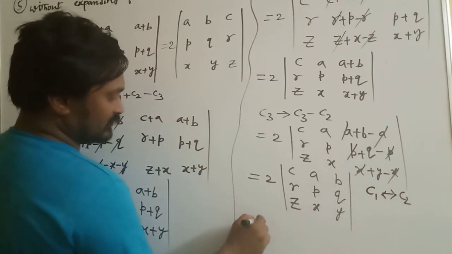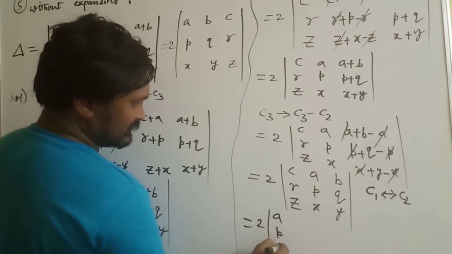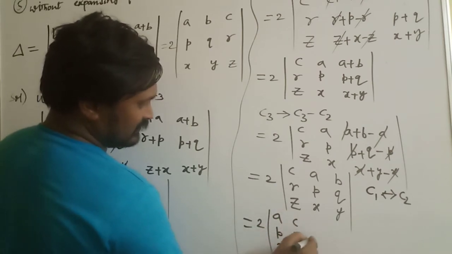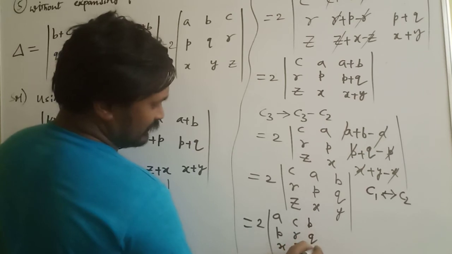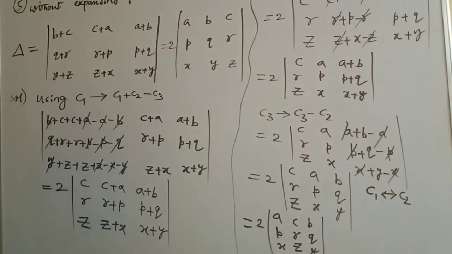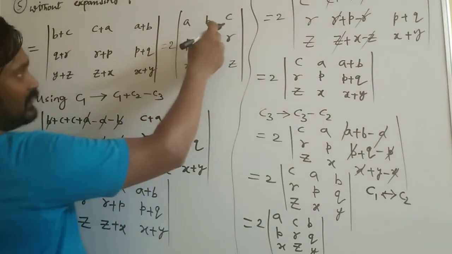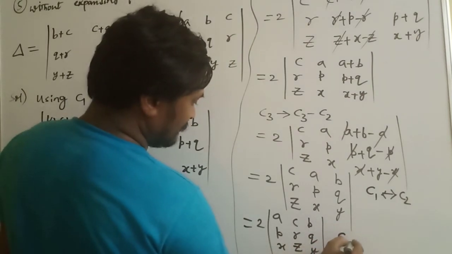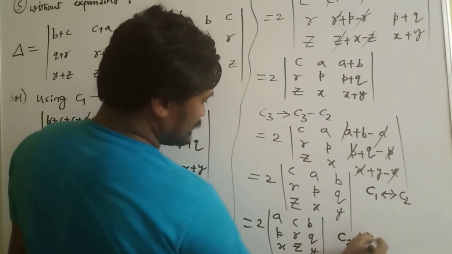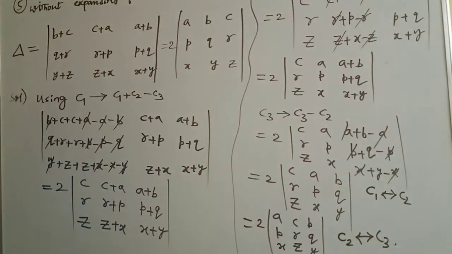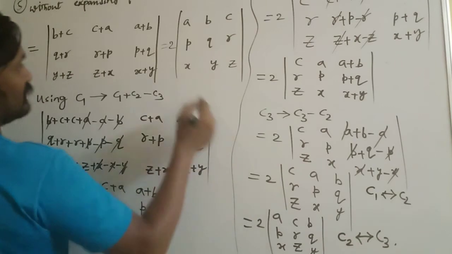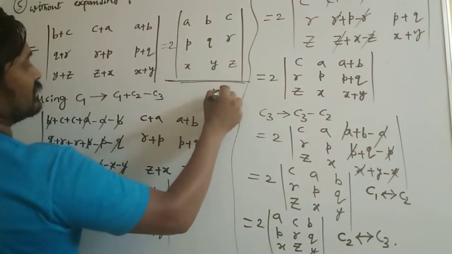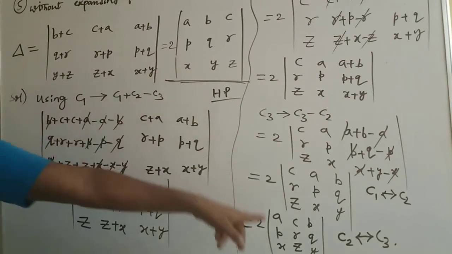When you interchange, what you get is A, P, X, C or Z, B, Q, Y, right? Next, I want B near, then C, so these two again exchange. That means C2 and C3 both exchange. So when you exchange, after this you are going to get the answer as this. Hence it is proved. You have to write this step at last, okay?